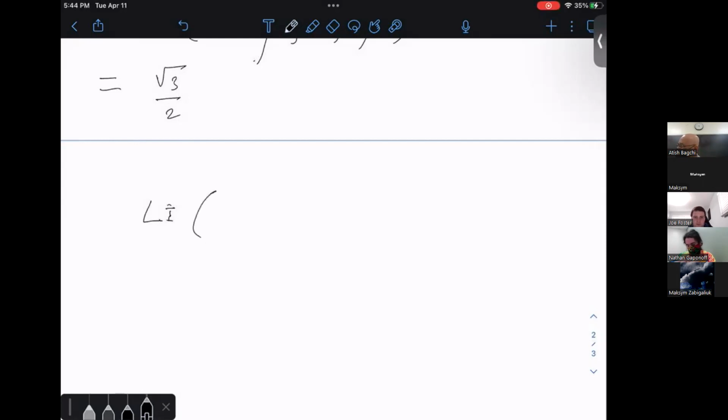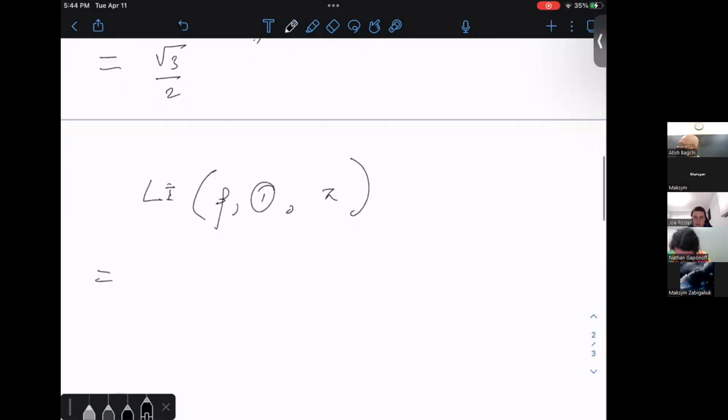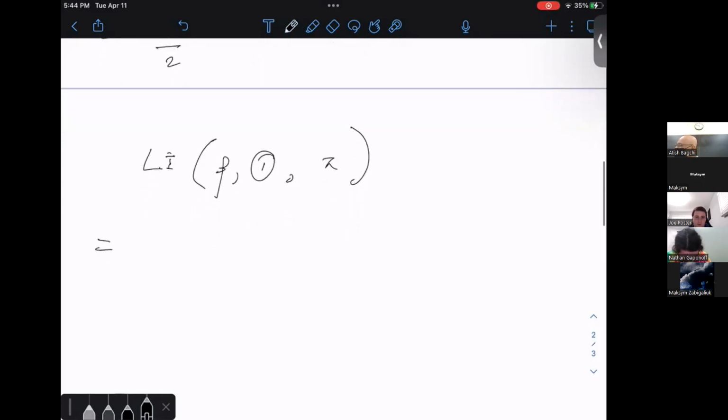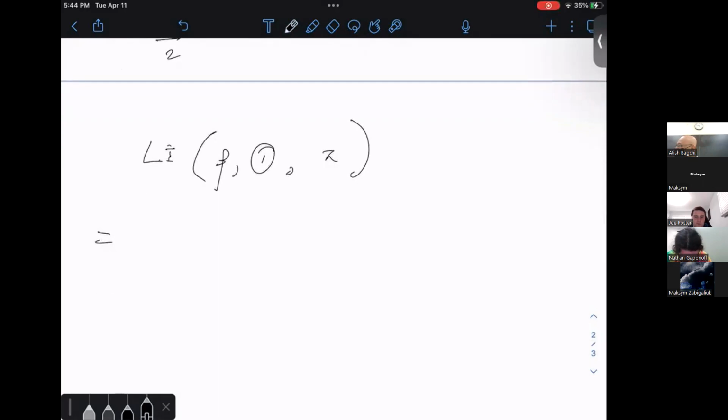Line integral of beta along 1, where pi is the parameterization, is equal to how much? That's the question. Line integral of beta is equal to 0. Along 1, it is 0. Okay, so that's the end.